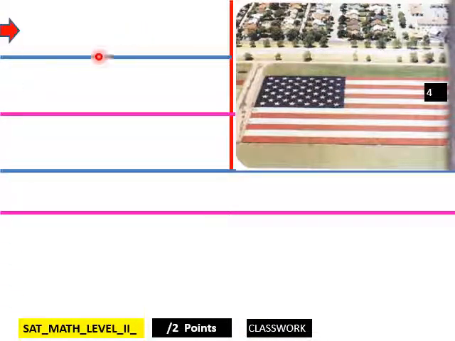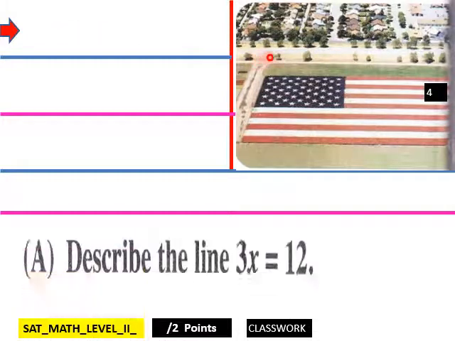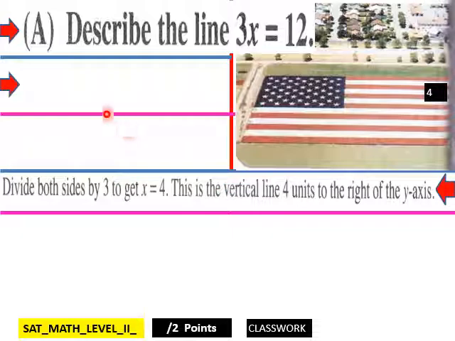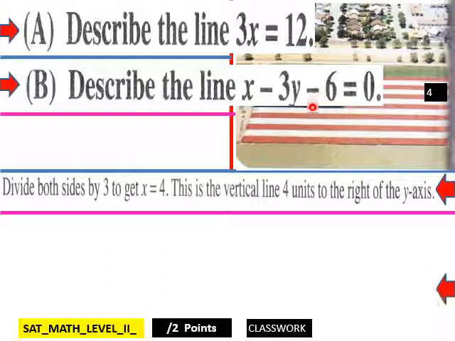Okay, let's get into example A here. Describe the line 3x equals 12. Divide both sides by 3 to get x equals 4. This is the vertical line 4 units to the right of the y-axis. And then B, describe the line x minus 3y minus 6 equals 0.